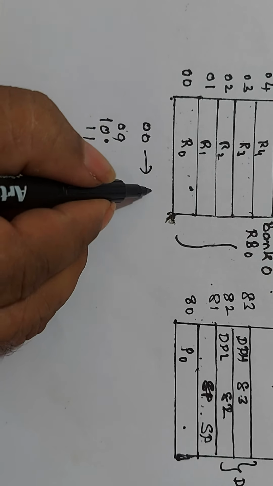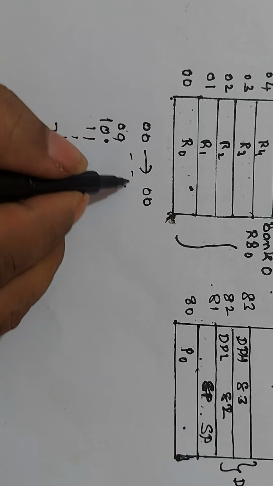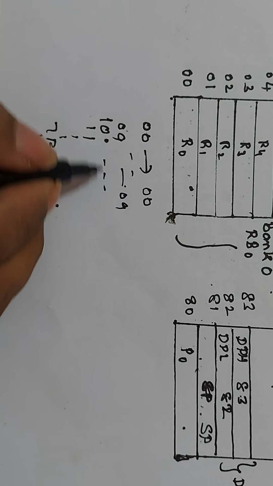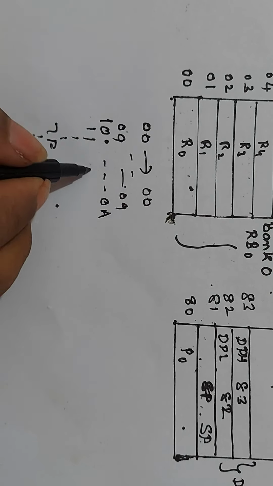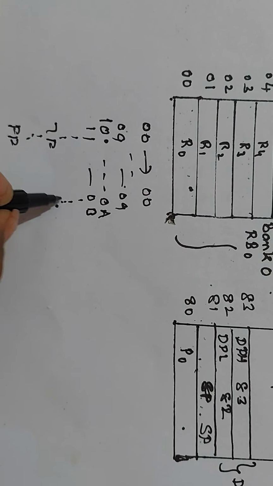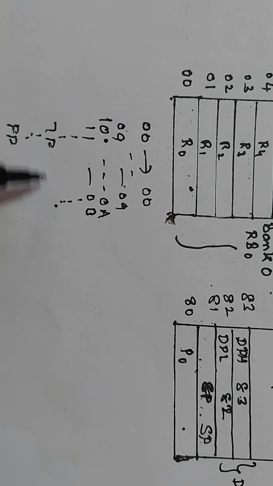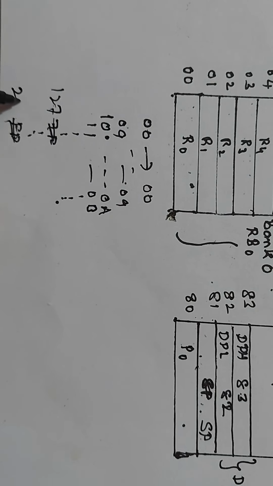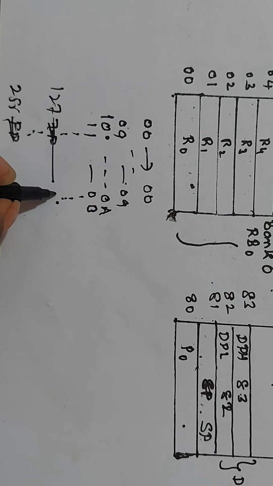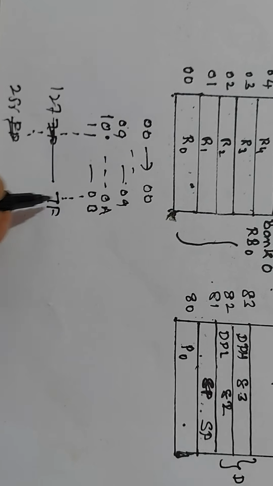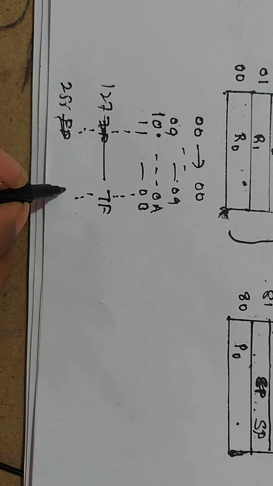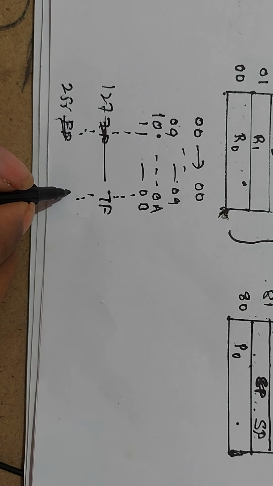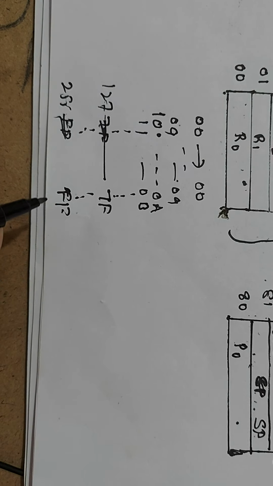In hexadecimal number it is 00 up to 09, 10 means 0A, 11 means 0B, similarly up to 7F, which is 127, and 255. 255 is FF.